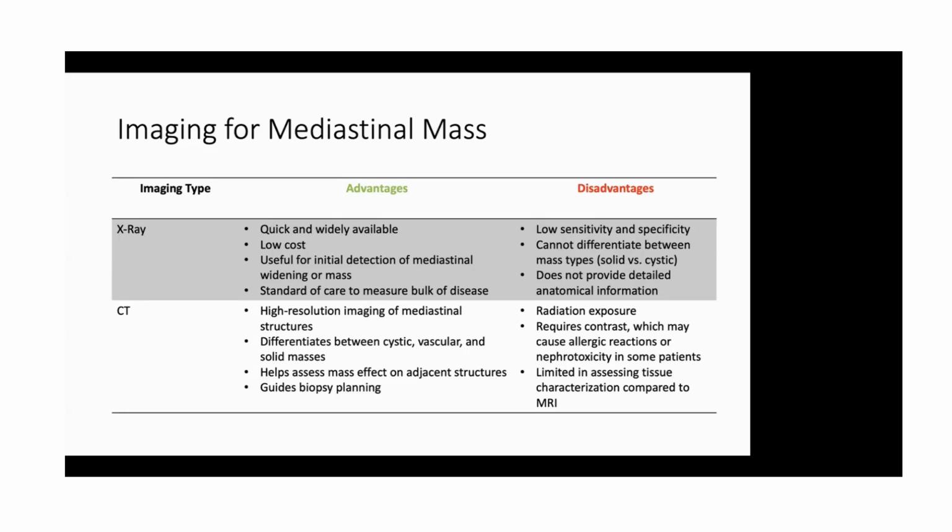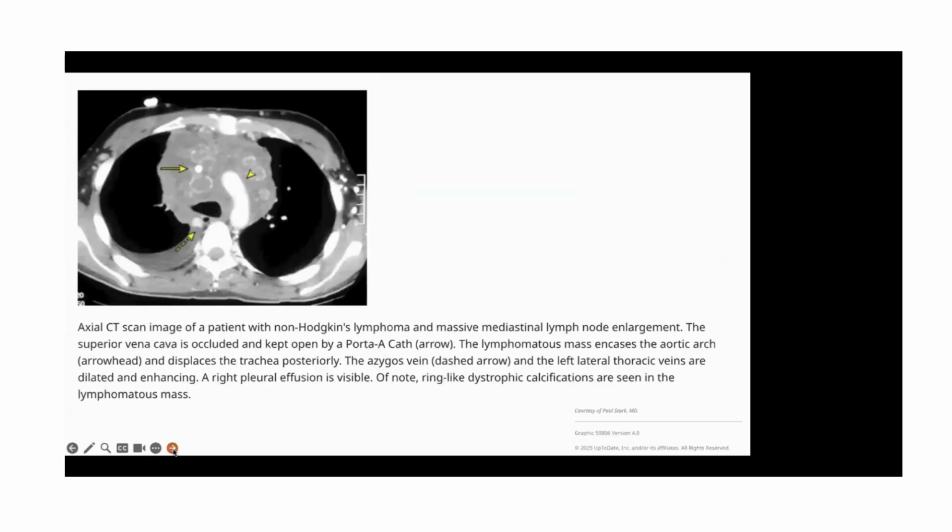It requires contrast, and in some cases, especially when there are kidney problems or allergic reaction, you cannot use the contrast. And if a tumor is arising from the paraganglia region, for instance in the case of neuroblastomas, its visibility would be a bit limited, and in some cases MRI will be required.